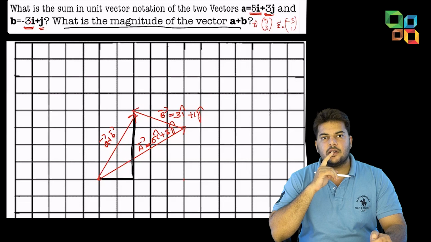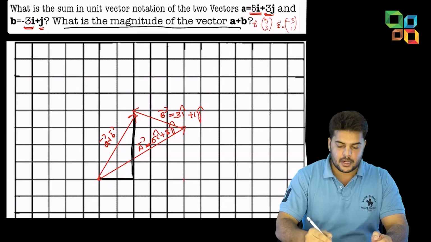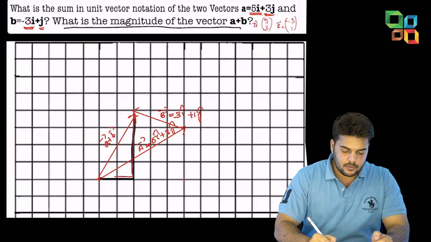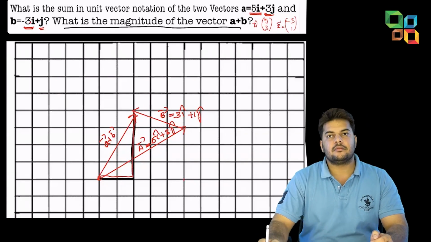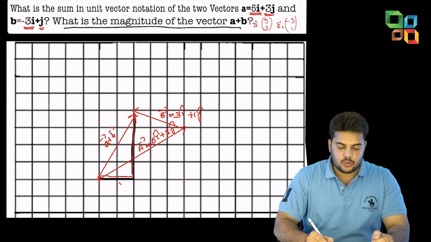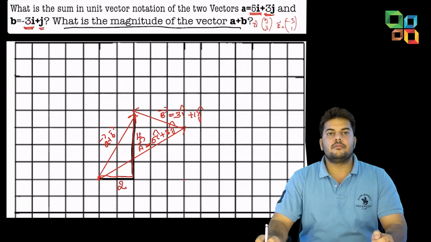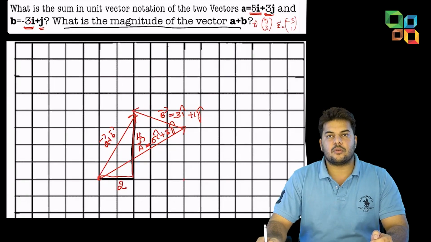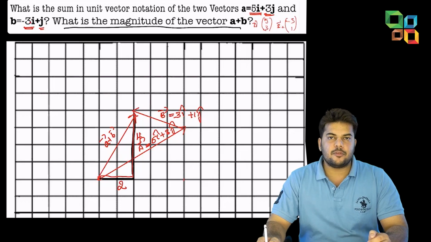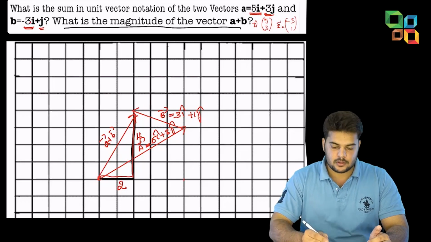Remember anything called Pythagoras theorem? Yes, Pythagoras theorem, right? We have formed a right angle triangle with sides 2 and 4. Length cannot be 4, because look at that.